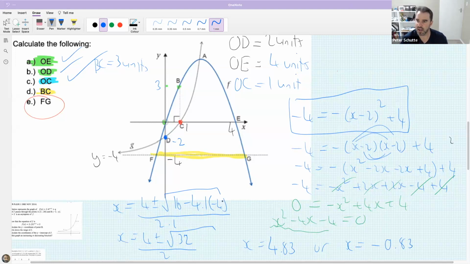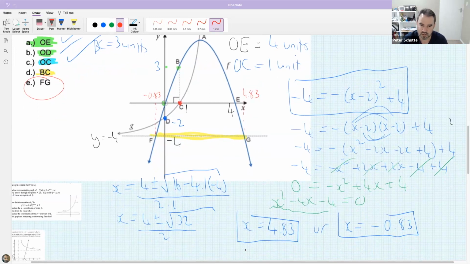Now, Emmanuel has got exactly the same as me, which is great. And so is Fateko. Now, obviously, that is just the x values that I was looking for. So I know that this one would be the minus 0.83 and that this one would be 4.83. What's the y value going to be? The y value has to be minus 4 because you can see it's on this line.